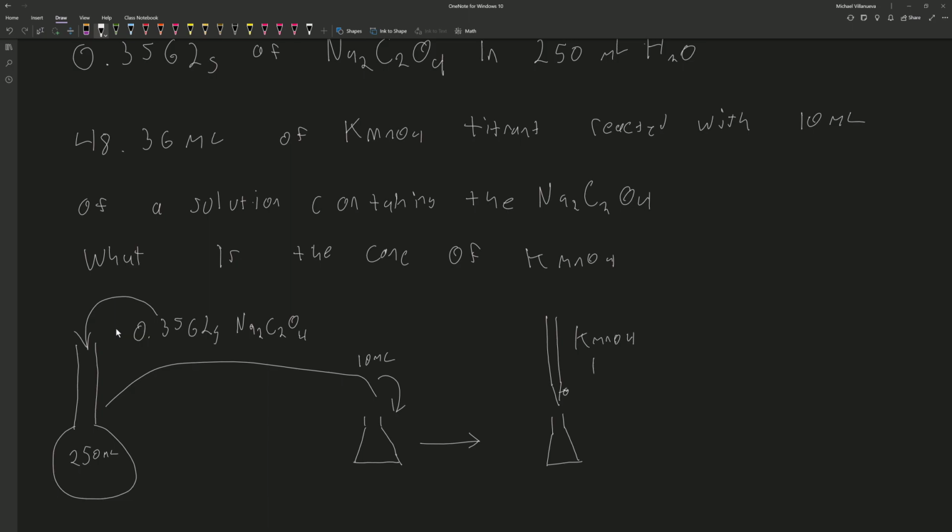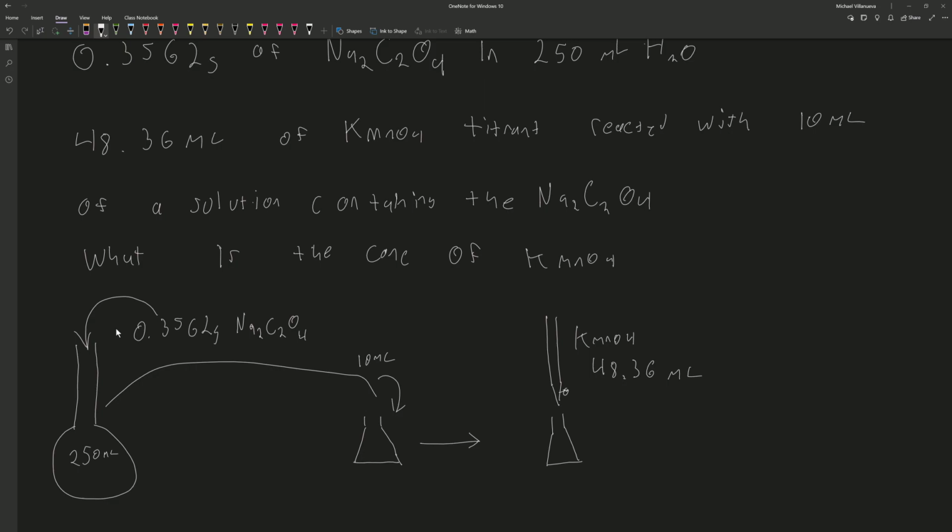And I used 48.36 milliliters of that. Based on this, we need to figure out the concentration of this KMnO4. And the idea is we take the Na2C2O4, we find the initial concentration of the solution that we just prepared in this 250 milliliter volumetric. We then take an aliquot of that solution, 10 milliliters of it, to put it in this Erlenmeyer flask.